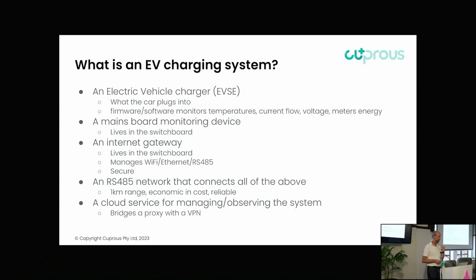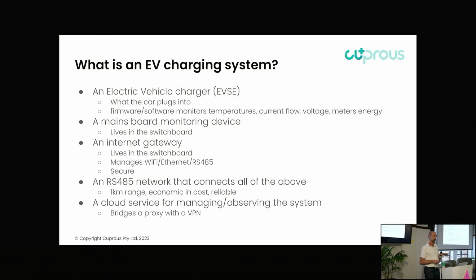Those kind of things. We have an internet gateway that also lives in that main switchboard, and that manages connectivity with the internet. It also manages this RS485 network that we have that connects all these devices that we're talking about.